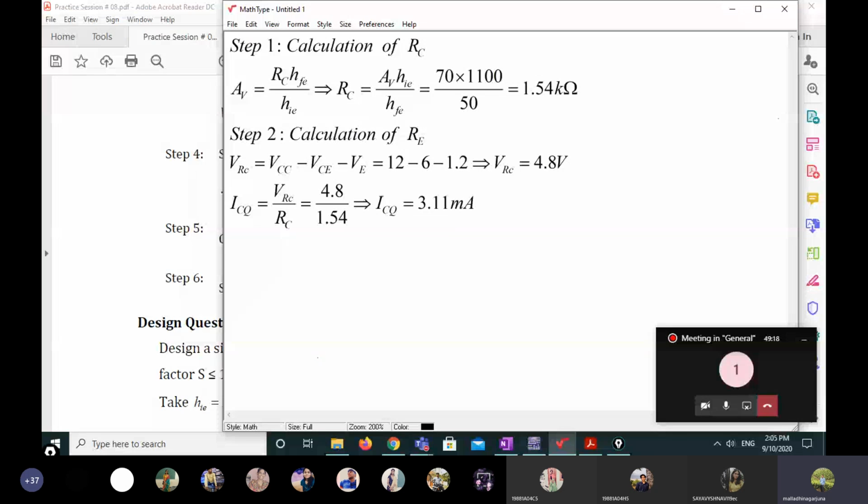Now RE equals VE divided by IE. VE is 1.2 volts divided by 3.11 milliamperes. What is the answer?